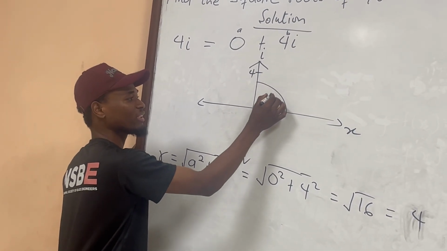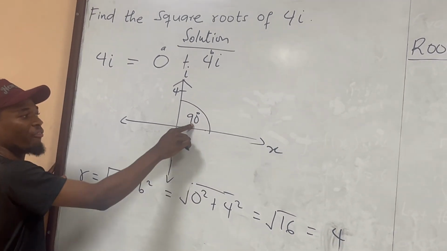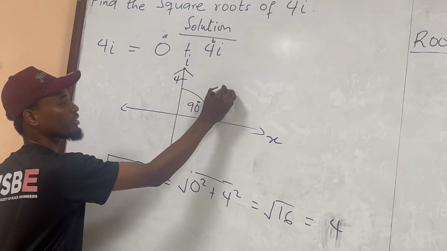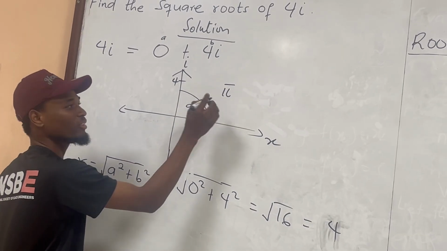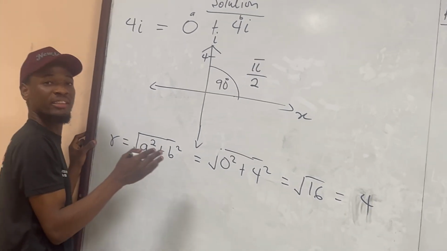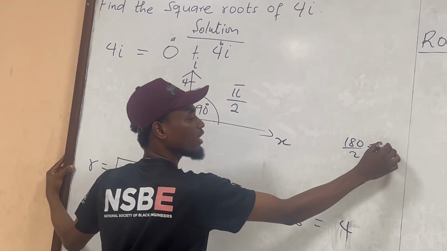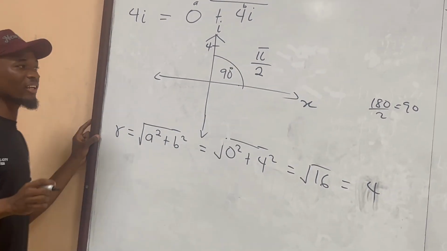So we know that from this side to this side, the angle here is 90 degrees. When I convert this to radians, it is 180 over 2, so this is pi on 2. Pi on 2 is the same as 90 degrees, because pi is 180, then over 2 gives 90 degrees.